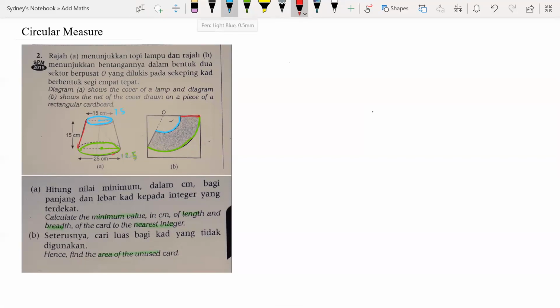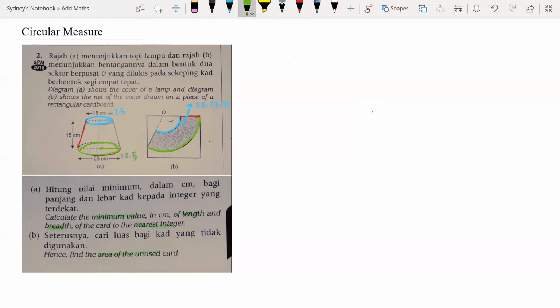We do know that the length of this blue arc is 2 times pi times the small r, which is 7.5, because as I said, the blue arc is forming the blue circumference.